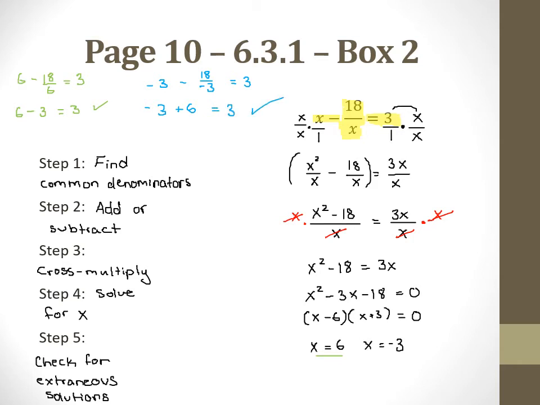So both of these check out as being real solutions. So your solution set would be x is equal to 6 and x is equal to negative 3. And the extraneous solutions would be none in this case.